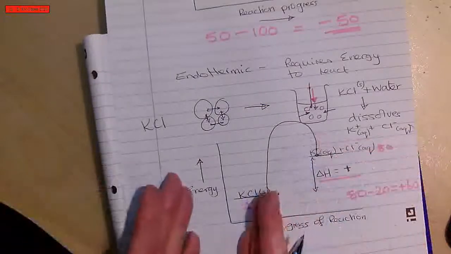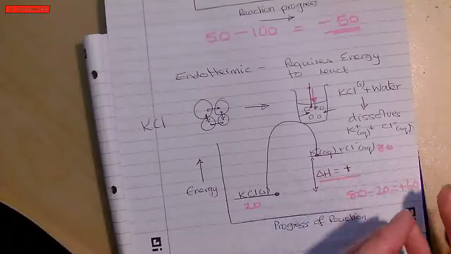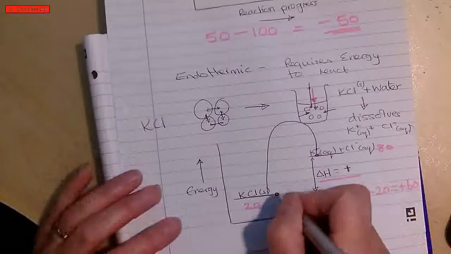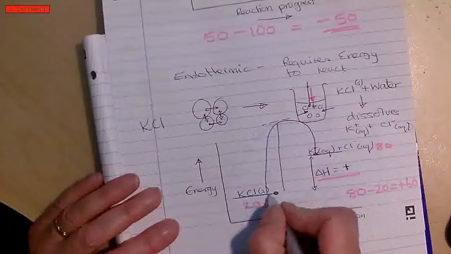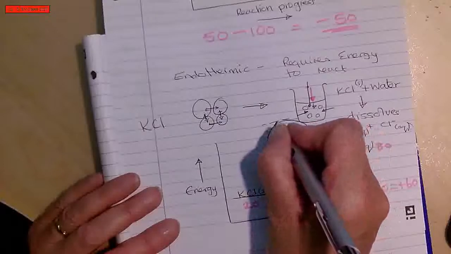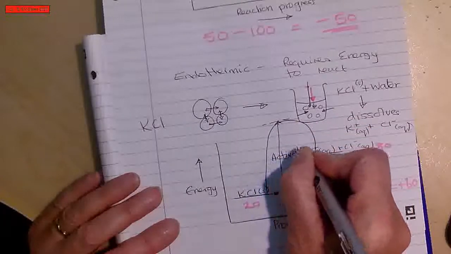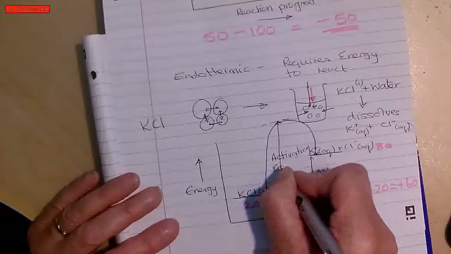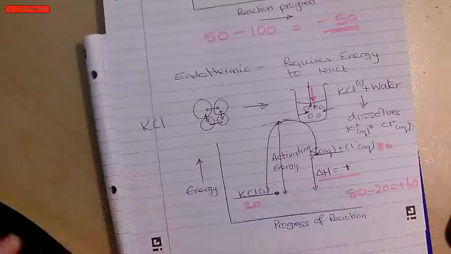Now, in order to go from potassium chloride to potassium and chloride ions, we've had to break the bonds. So this, from where the reactant is to the top of this curve, is the activation energy. Activation energy is the minimum energy required for the reaction to occur.